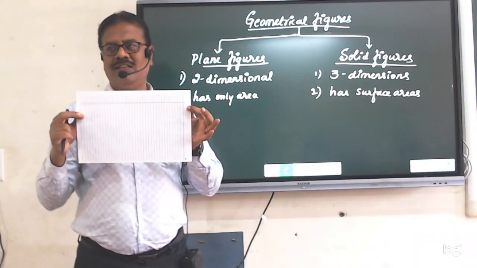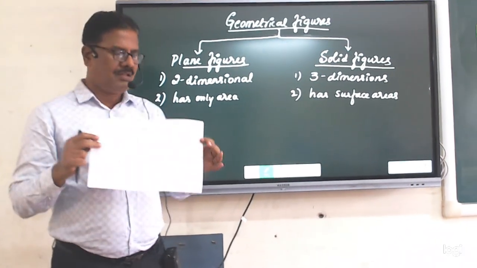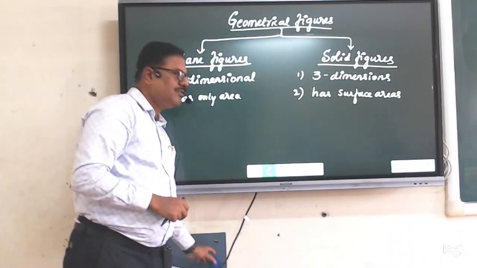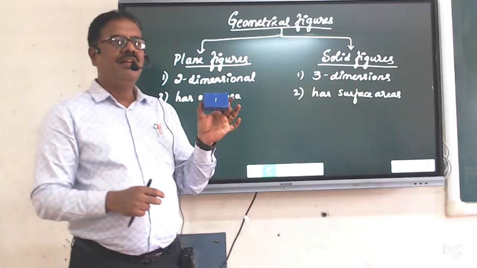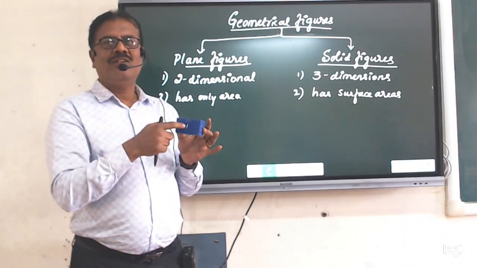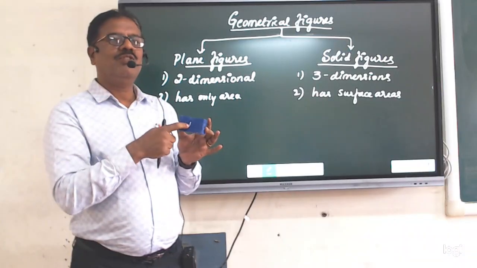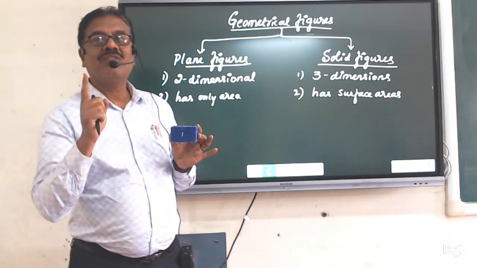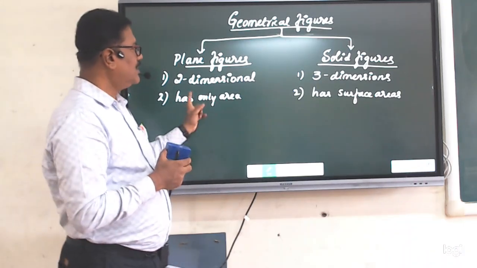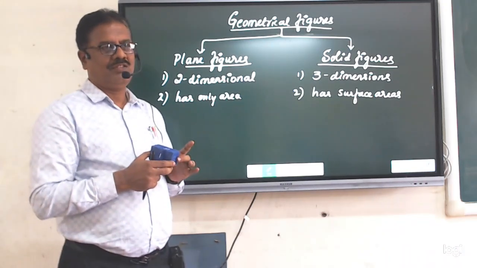Whereas this solid has more than one area. Have you understood? When it has more than one area, we call it surface area. So that's the second difference between plane figures and solid figures.